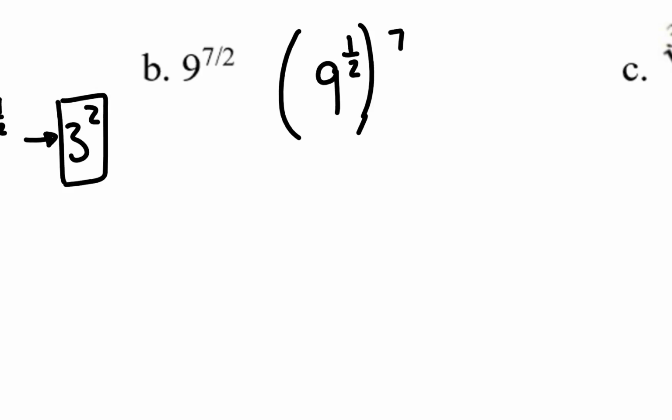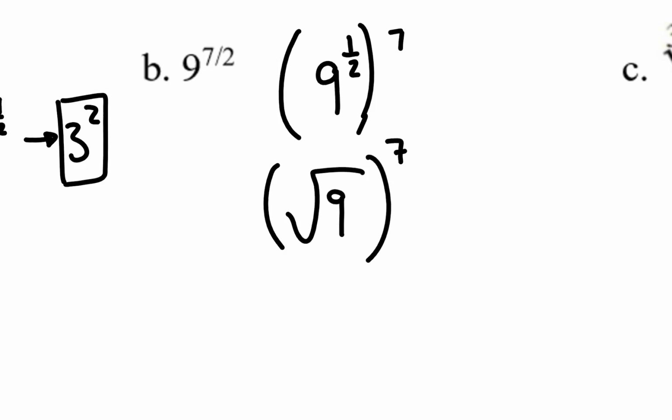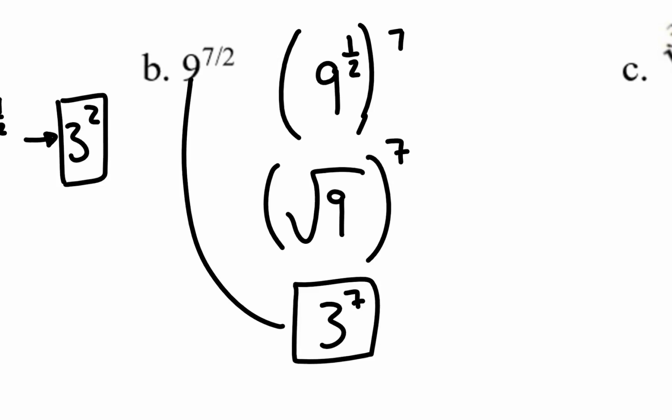And 9 to the 1/2 power is the square root of 9, and I'm raising that to the 7th, and the square root of 9 is 3, so that's 3 to the 7th power. I would not have expected it, but 9 to the 7/2 is 3 to the 7th power.